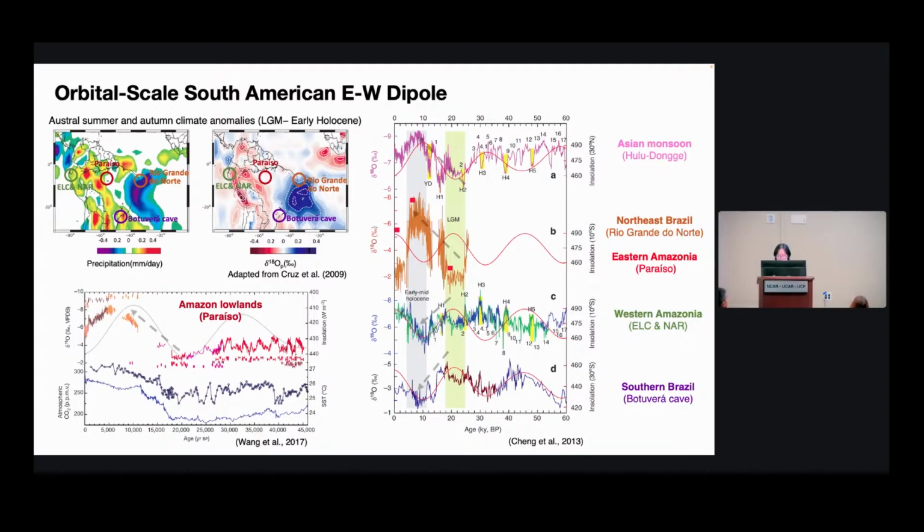For example, there's a longer record from the Amazon lowlands which doesn't closely follow changes in orbital forcing. It actually follows the CO2 level in the atmosphere, so this indicates maybe CO2 concentration also plays a role here.